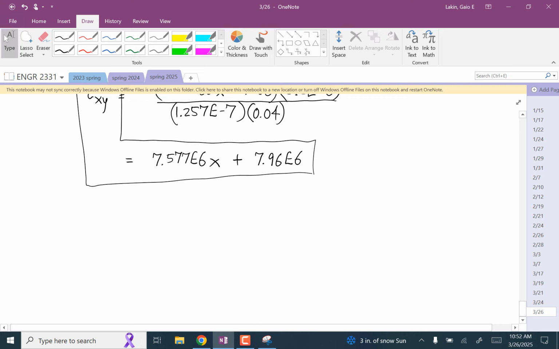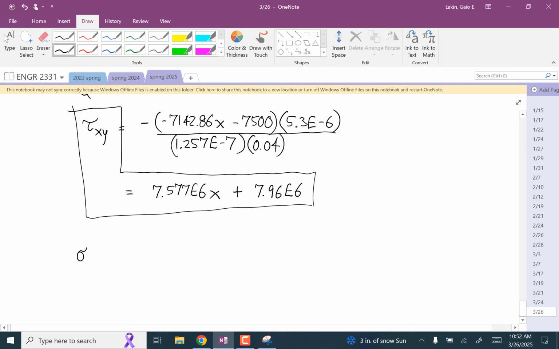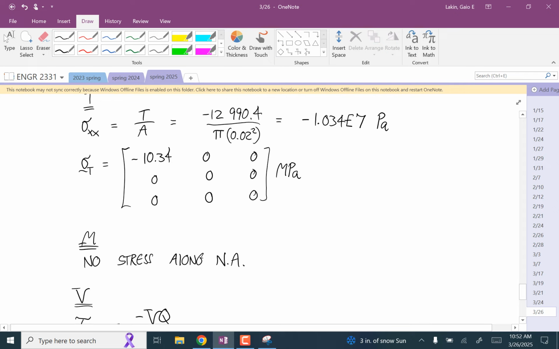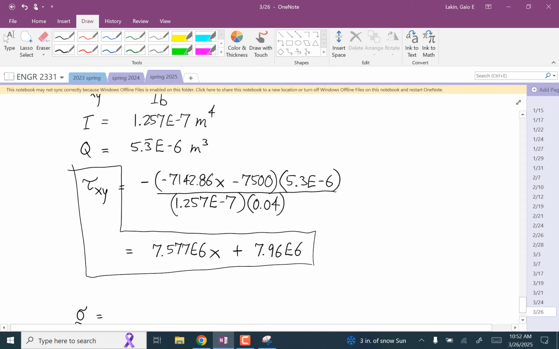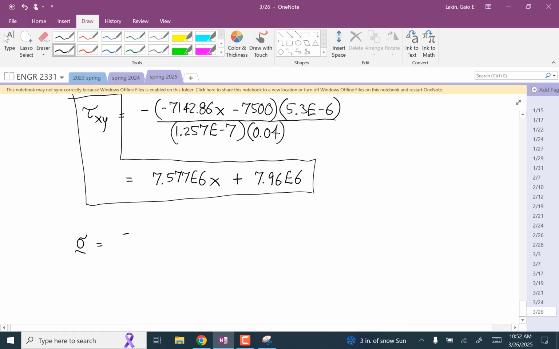And so if you wanted to write that as a tensor, you could write it as negative 10.34. And then here you have 7.577x plus 7.96, 0, symmetry.